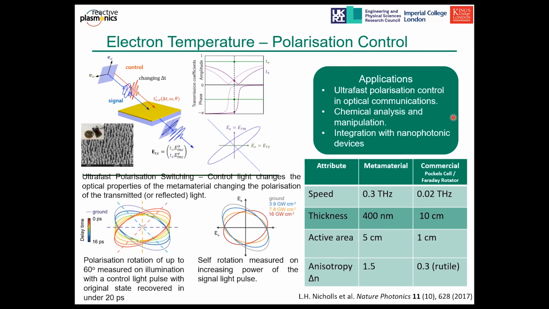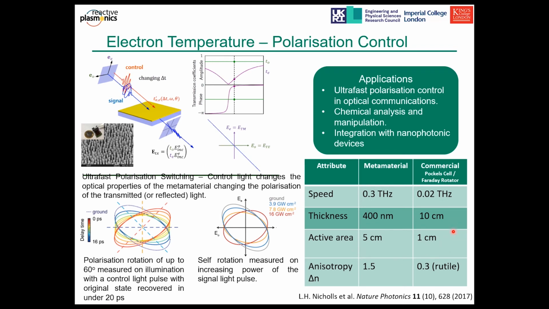This all utilizes a metamaterial which has a thickness of only 400 nanometers, which means that we can integrate this device with various nanophotonic devices. We also report order of magnitude better modulation speeds compared to commercial Pockels cells and Faraday rotators, which also have length scales of 10 centimeters and so are not easily integratable into nanophotonic devices.